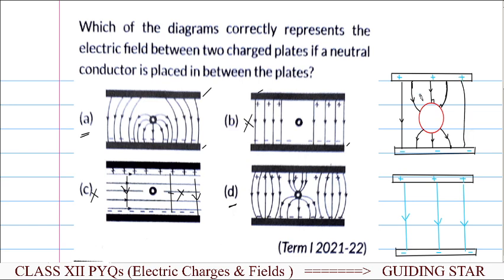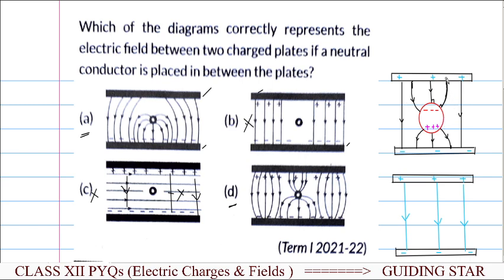As the end of the neutral conductor near the positively charged plate will gain some negative polarity, and as the side of the conductor near the negatively charged plate will gain some positive polarity, some induction of charges will take place.